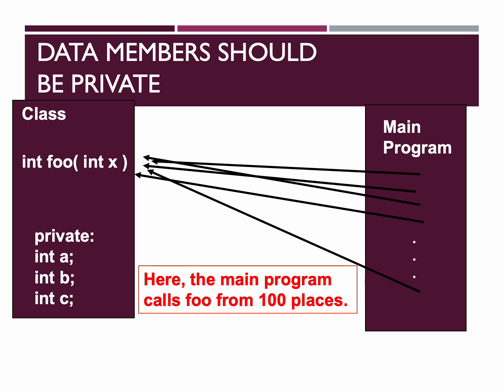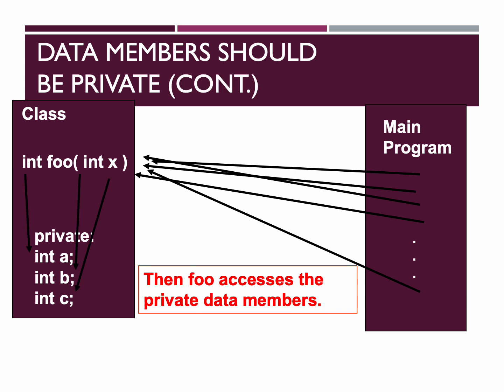On the left side we have a class with a function foo, but the main program on the right-hand side calls foo from 100 places, suppose. So the data members should be private. Then foo accesses the private data members on the left, like integer a, b, or c, let's say.